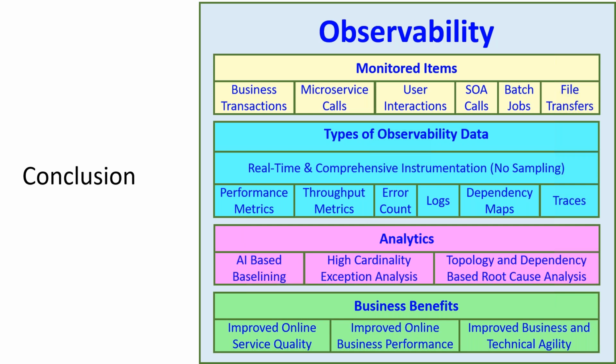And on that, you need to analyze this. You need to set up AI analytics: AI-based high cardinality, topology and dependency analytics, baselining analytics, exception analysis, based root cause analysis. And at the end of it, you should bring some business benefit, because we are going to spend so much time and energy on the same work.